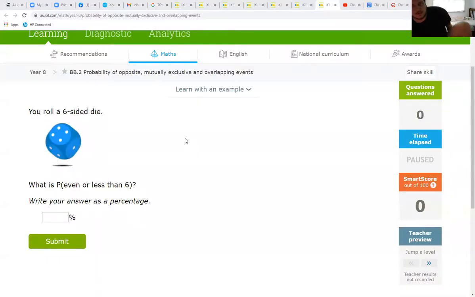So when we get into grade 8 and 9, we start talking about mutually exclusive, opposite and overlapping events. So mutually exclusive basically says you can't roll an even number and an odd number at the same time.